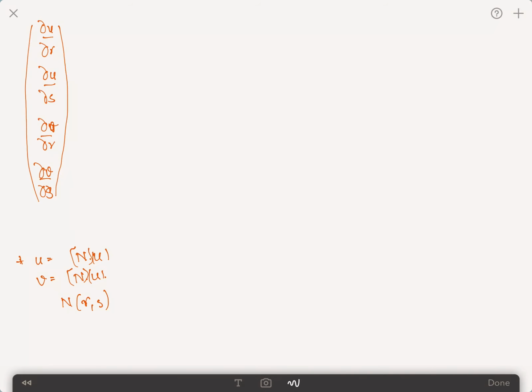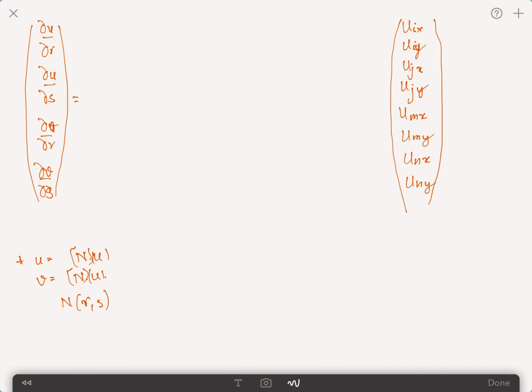Then I can easily do a partial derivative of each of them with respect to r and s and get a certain large matrix which would relate these values to the degrees of freedom: uix, uiy, ujx, ujy, umx, umy, unx, uny. So we need to get a matrix where this is 4 by 1, this is 8 by 1. So we need a matrix which is 4 by 8 so that we can get the right dimensionality.